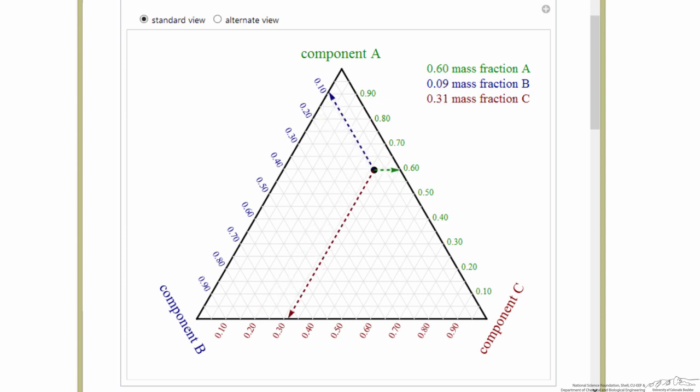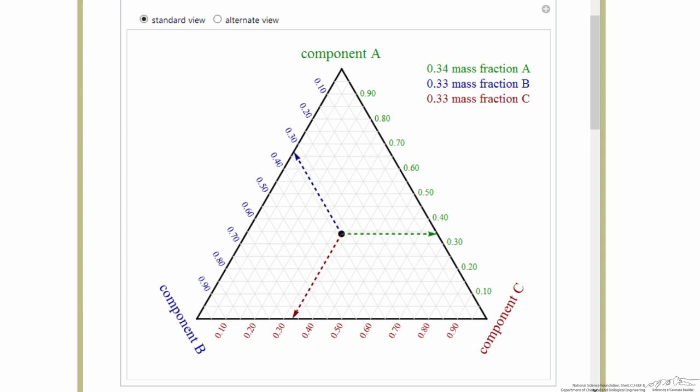So as I drag this dot within the diagram, I'm changing the composition between our three components. Of course, this does imply that all three components are miscible since we have a single phase with this composition. So let's pick a point where we have an equal mass fraction of A, B, and C. As you expect, this would fall right in the middle of this triangle.